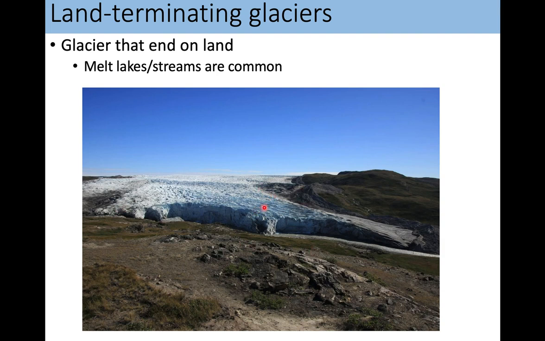However, there is still a good amount of melting, as you can imagine, at least in the warm season. So there's often melt lakes. It's a little hard to see here, but there's actually a very large lake at the base of this glacier. And then streams, so streams flowing from this lake of all the meltwater out to the ocean.